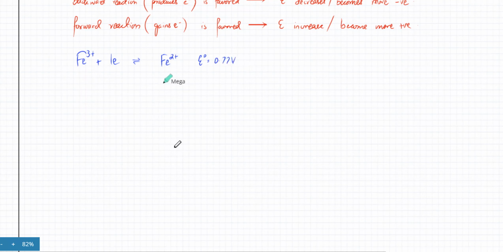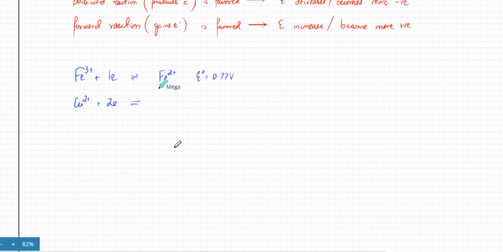And I've got another reaction. Remember, higher potential gains electrons, lower potential loses electrons. So I've got another reaction in which I have copper 2+ plus 2 electrons in equilibrium with copper. And the E naught for this one, according to the data booklet, is 0.34 volts.